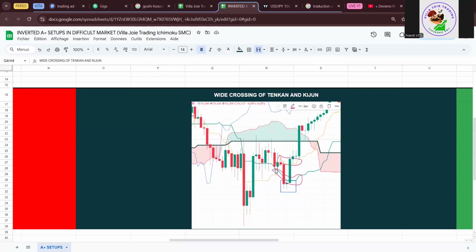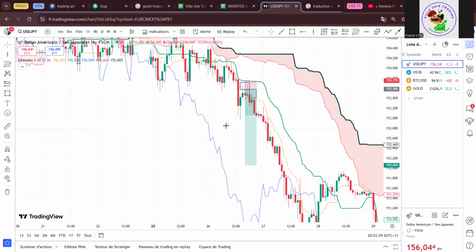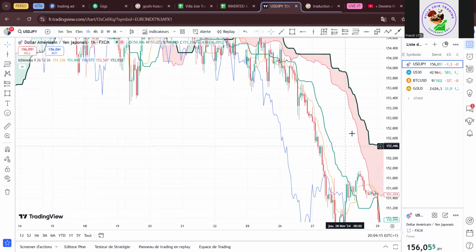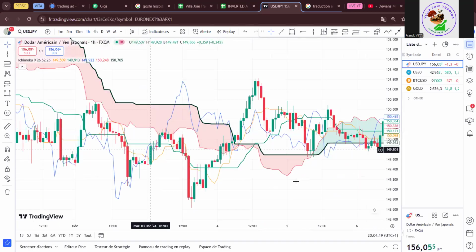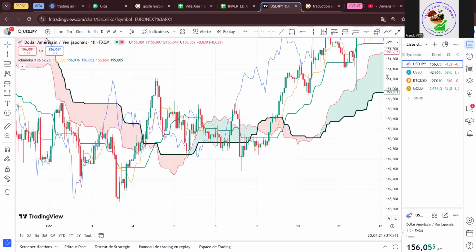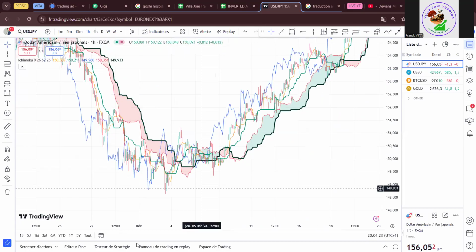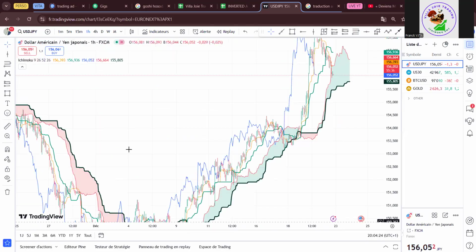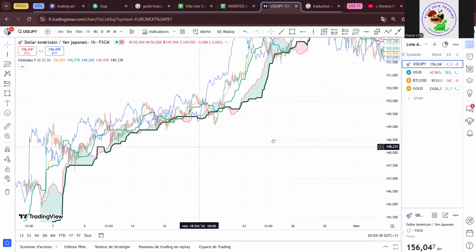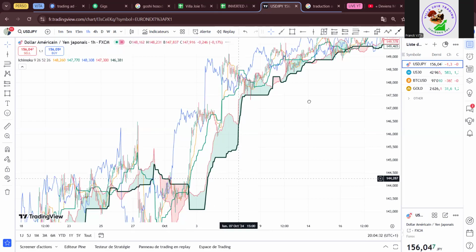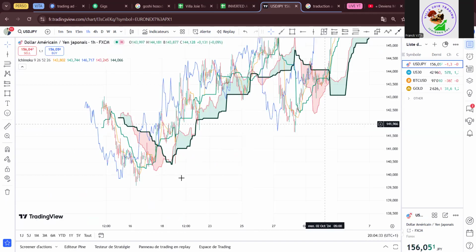This cross starts with a large wide space between Tenkan and Kijun. When there is that large wide space, you can know that this is an inverted setup, and you can have an inverted Kijun.